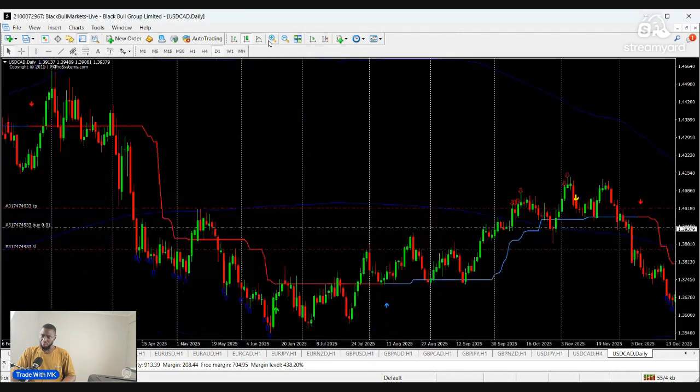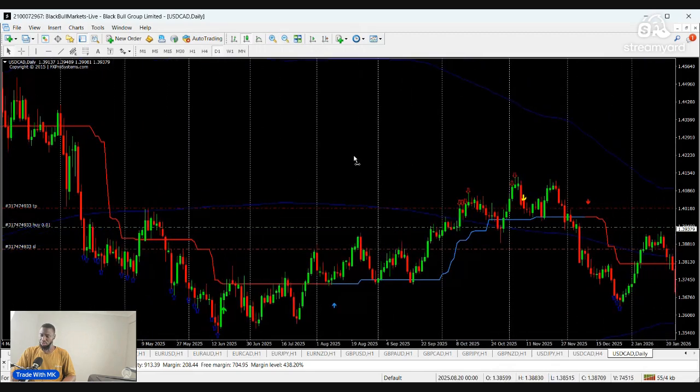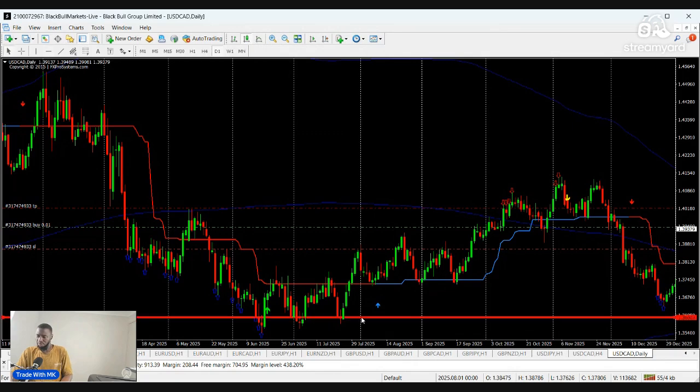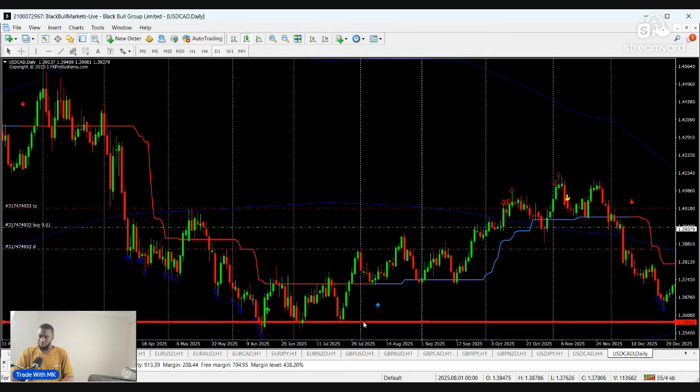I'll make it bigger, it's smaller. So here, let me draw some lines. Whenever they say support, see where I just drew my line, that's support right there. This is a support level.